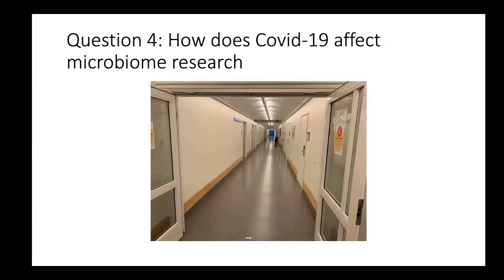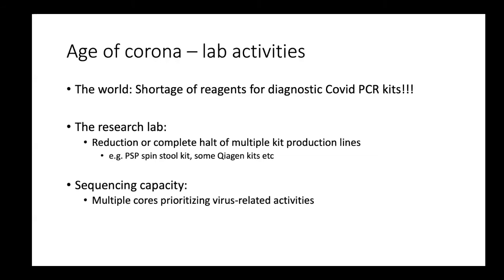Okay, so you have the emptiness first, and then you have other things that came as a bit of a surprise to me also. Of course, very early on, the world said there is really a shortage of reagents for diagnostic COVID PCRs, and maybe it's still. And then the companies, of course, changed their production lines. But when you do something, then there's something else you cannot do.